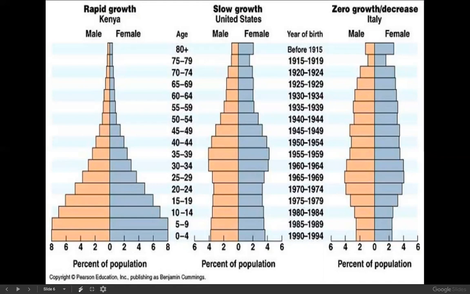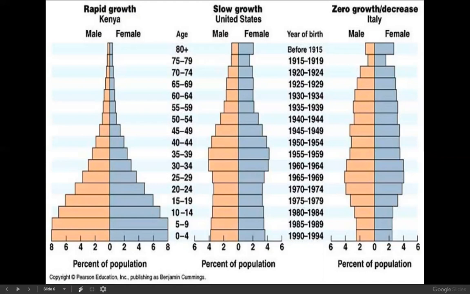If you look at the slow growth rate, like the United States, a good portion of the population is somewhere between that 0 to 4% of the entire population, where you have a few larger bumps around 30 to 34 and 35 to 39, somewhere in there, in those years that they were born.